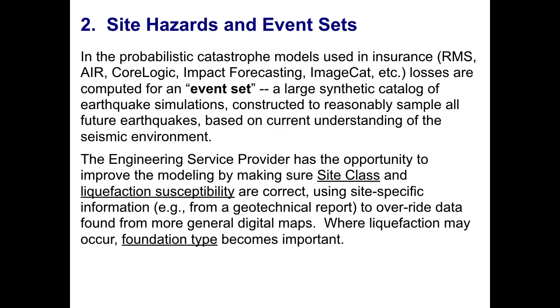And then the engineering service provider has the opportunity to improve the modeling by making sure that the site class is correct, and that affects the intensity of ground shaking, and that the liquefaction susceptibility is correct. And this information can be taken from site-specific documents, such as geotechnical reports, and then used to override data that would otherwise be drawn from more general digital maps.